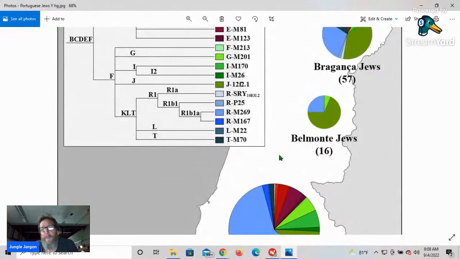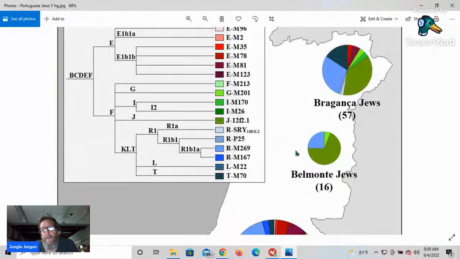But then we go to the Belmonte Jews, and a good 2/3 of the population is J in the Jewish population.